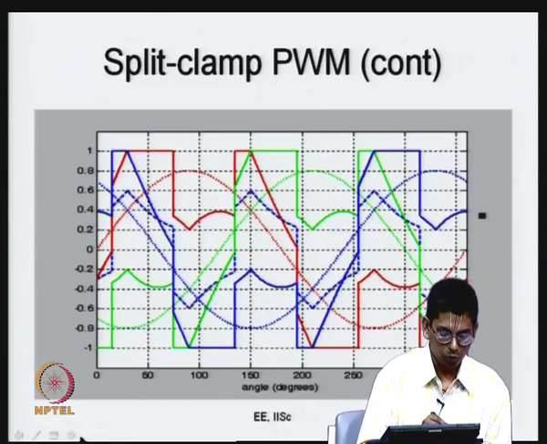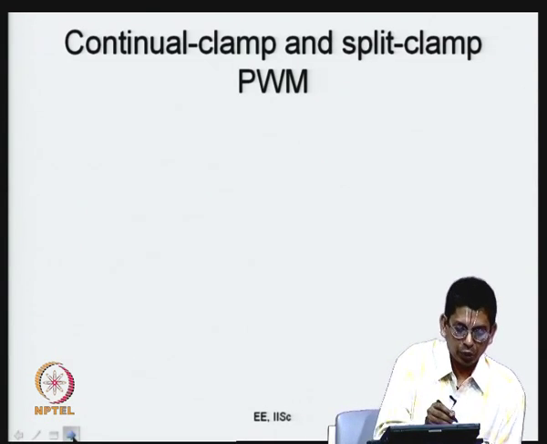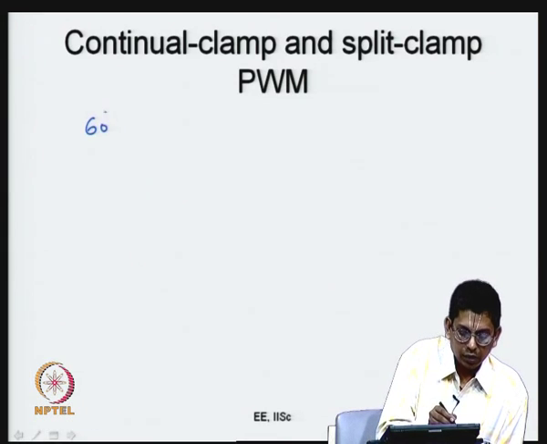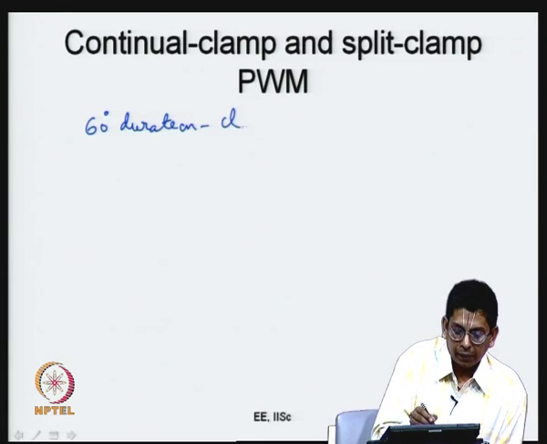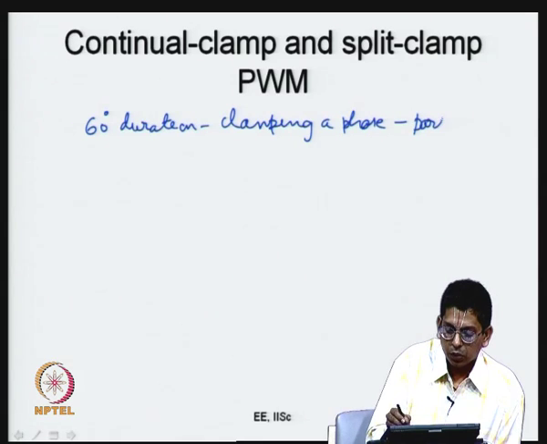So, let us say a few more words on continual clamp and split clamp now. In both the cases, what you are doing is you are clamping a phase for 60 degree duration. So, 60 degrees duration, what is being done? Clamping a phase, where? To a particular DC bus.